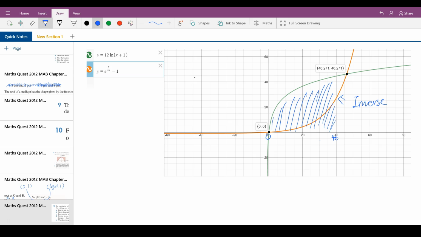I suppose you can find the area under this one, but then you still need to find the area between these two curves. That's a bit troublesome.